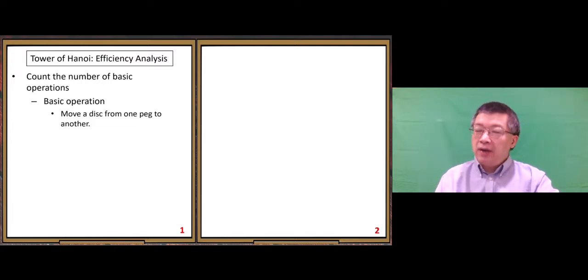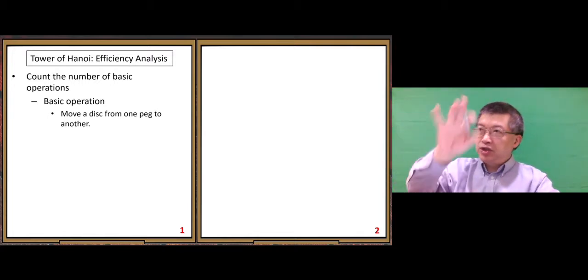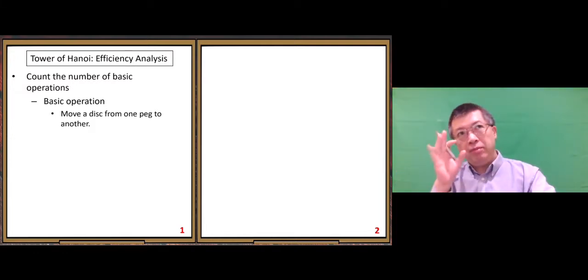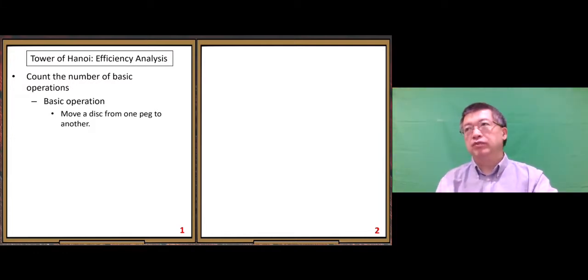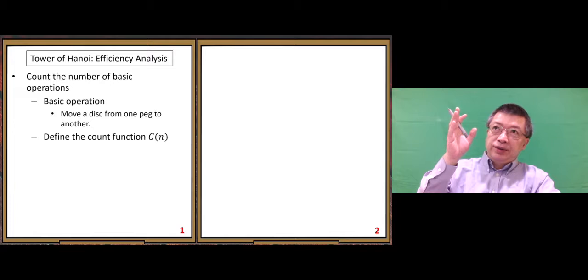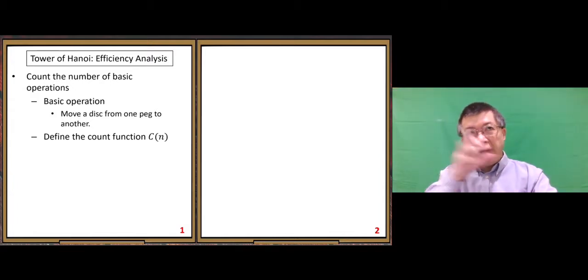Next, we need to count the number of disk moves to solve the whole problem. That number, that expression, we want to find. So to find the answer, we need to define a count function, C of n, to count the number of moves.